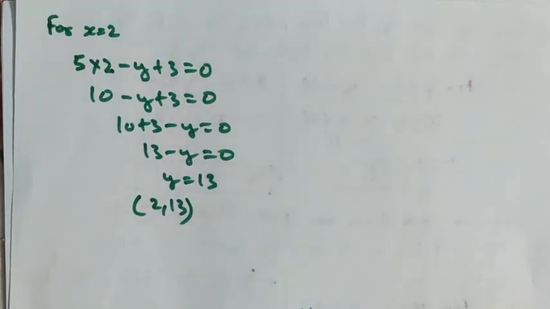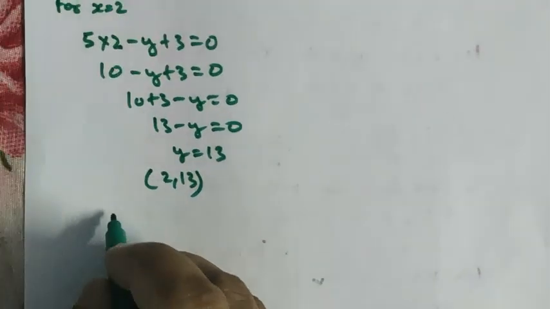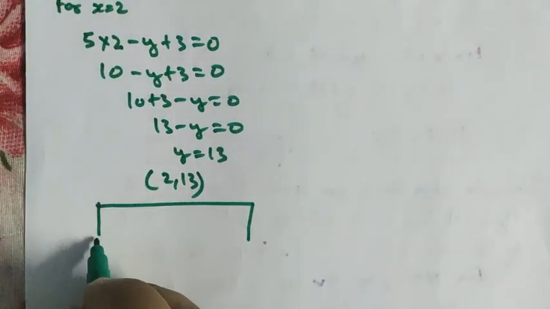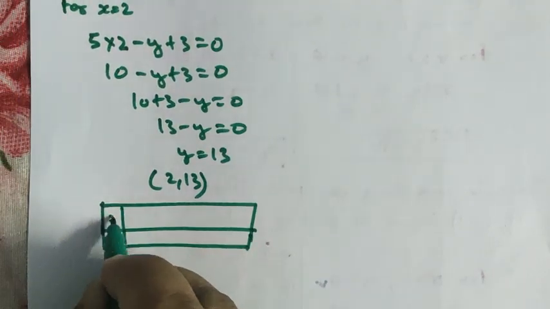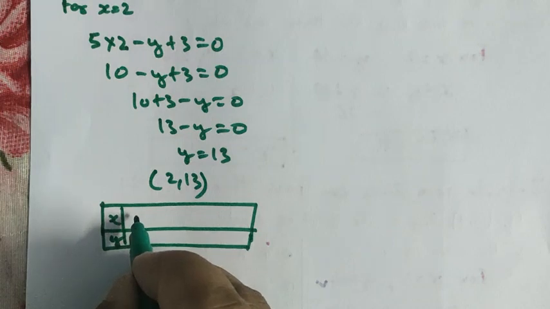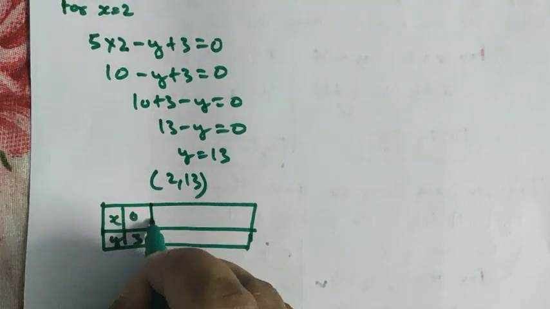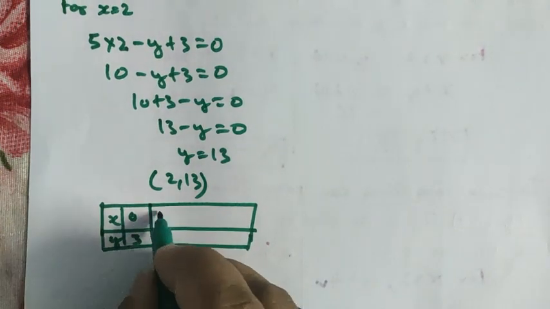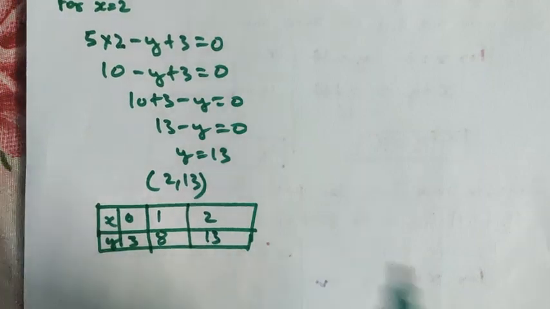So these are the 3 points, we can write them in the form of a table, x and y. First point, x equals 0, y equals 3. Second point, x equals 1, y equals 8, and the third point is 2 comma 13.